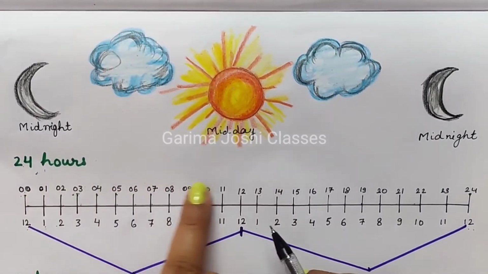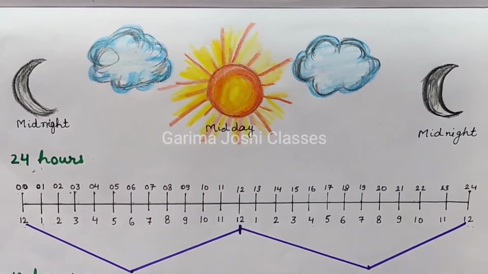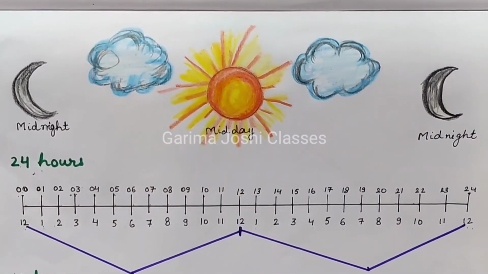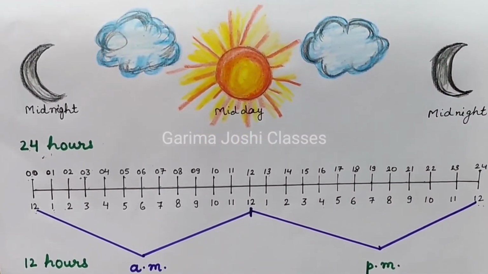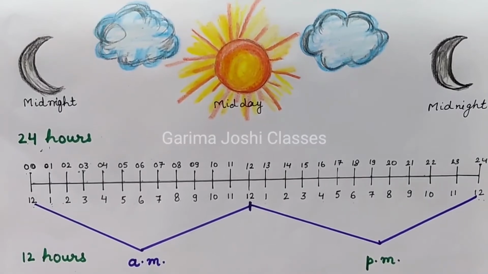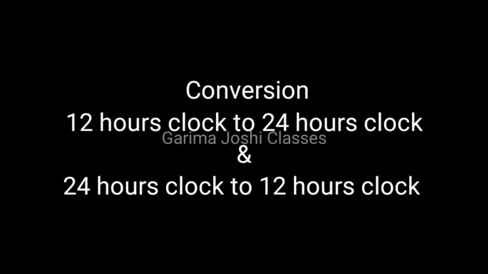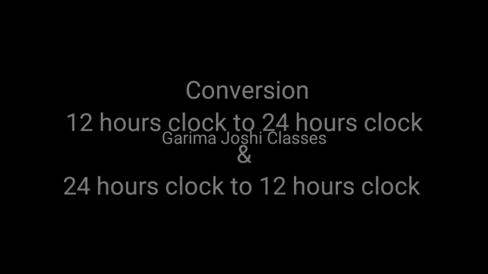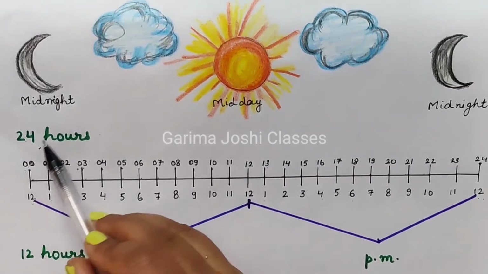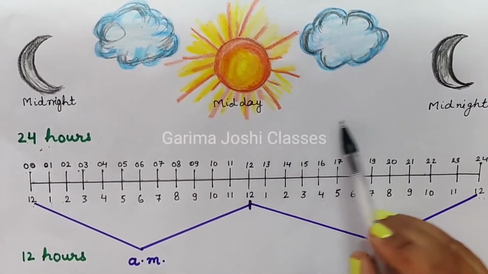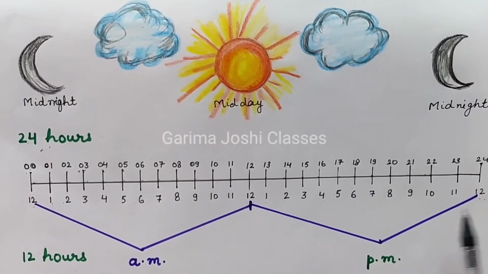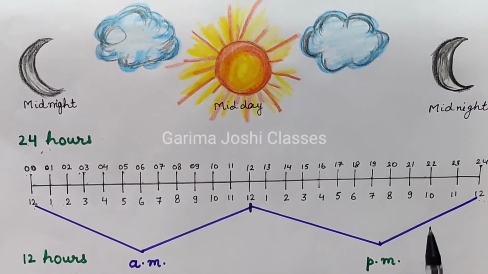The hour digits are the same and minute digits are usually the same. Okay, now we will talk about the conversion part. We can say the first circle of 12 hours is the same in both the clocks, and the second circle of 12 hours is different in the hour part.